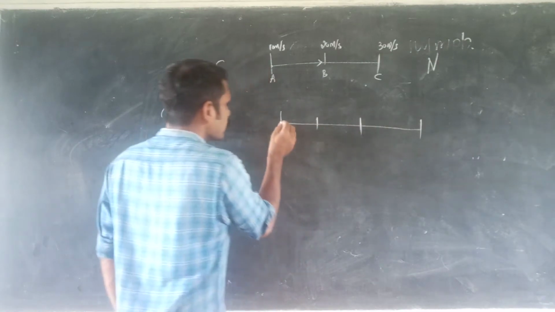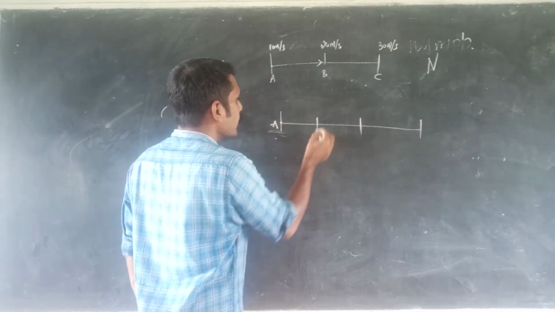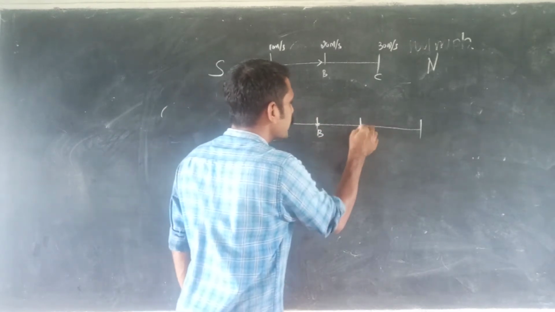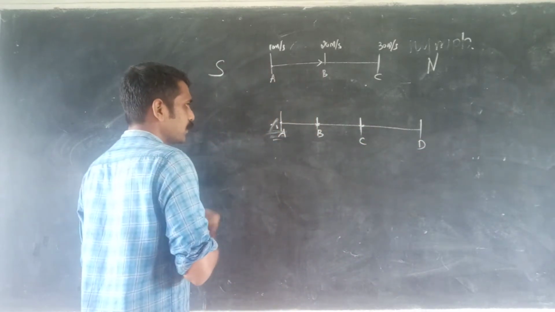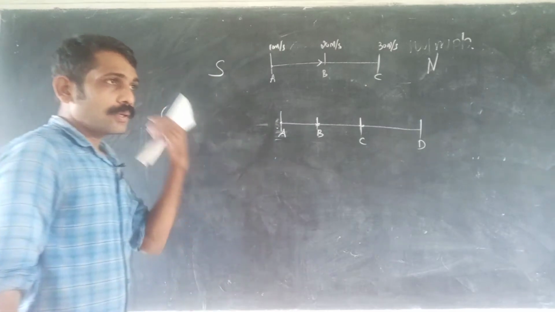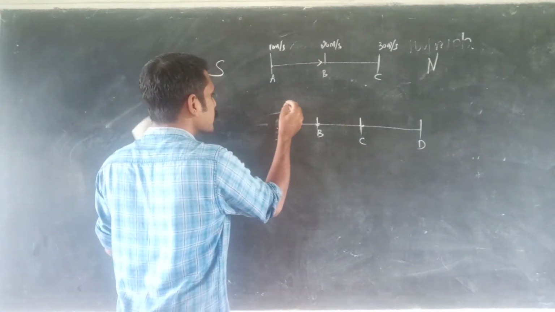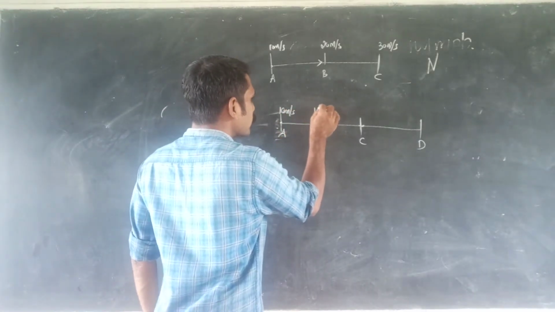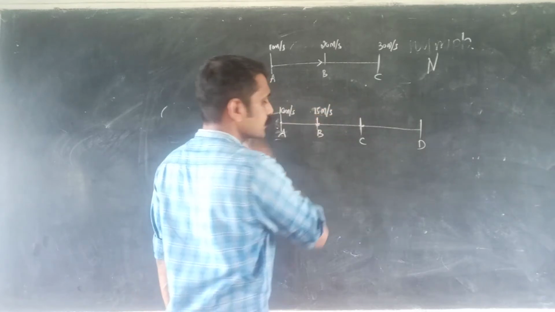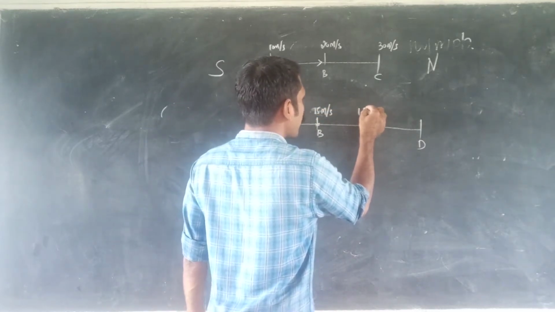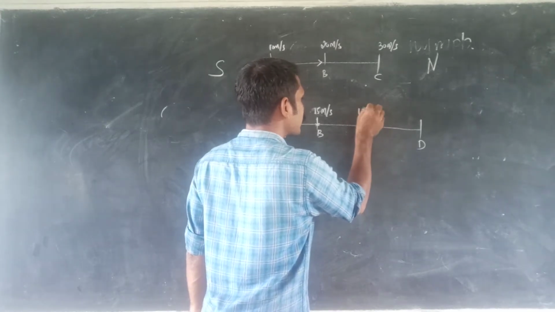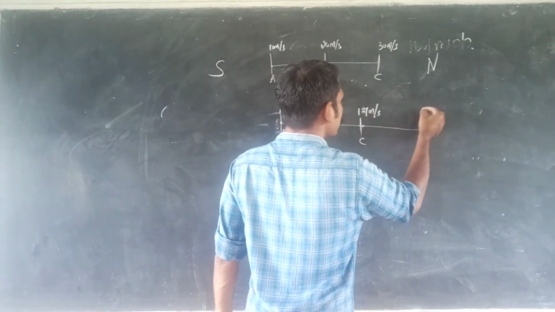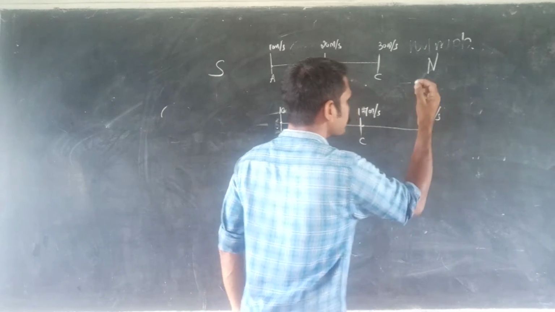This is point A, this is point B, this is C, and this is D. Suppose at A the velocity of an object is 10 meters per second, at B its velocity is 15 meters per second, at C its velocity is 17 meters per second, at D its velocity is 18 meters per second.